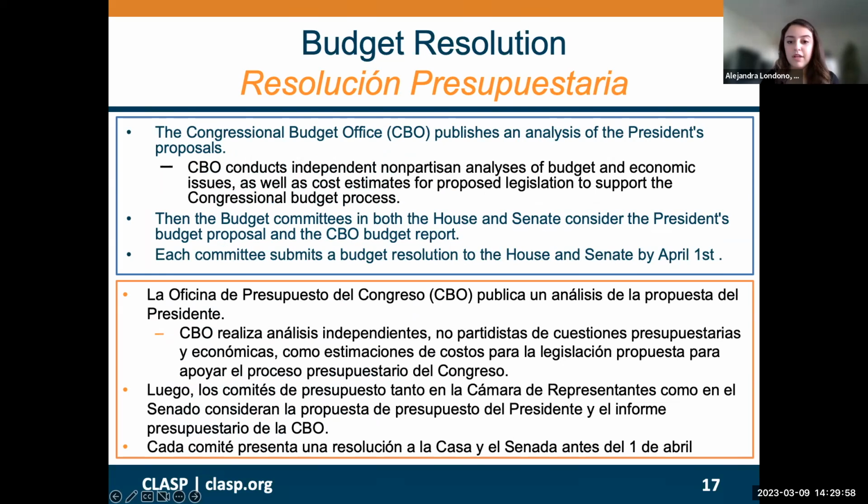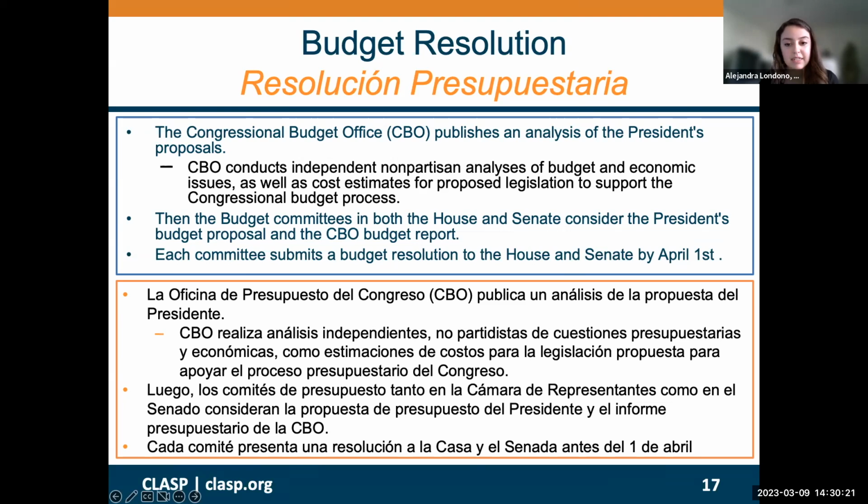For example, the Congressional Budget Office can provide a cost analysis of how much it would cost for there to be more funding allocated to the United States Citizenship and Immigration Service, or USCIS, to process more applications.